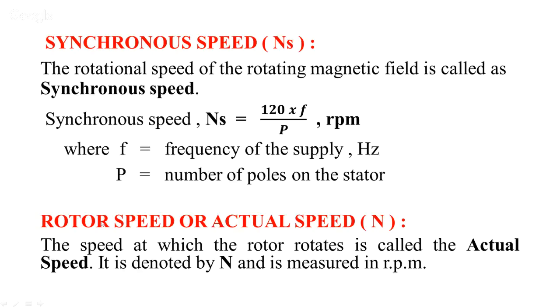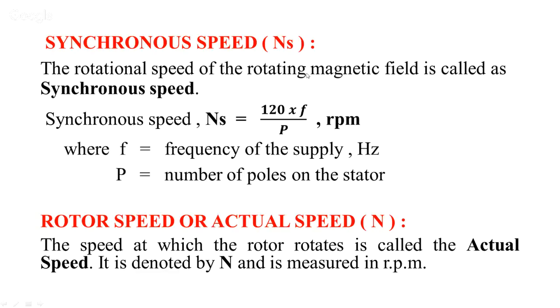What is rotor speed or the actual speed? It is represented by N. The speed at which the rotor rotates is called the actual speed. So one, synchronous speed is the speed of the rotating magnetic field.